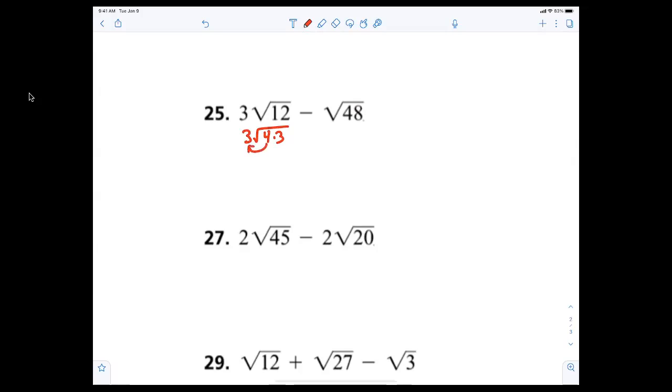So with the 3 out in front, what does that become? 6. Yes, because you're multiplying. Remember, that's 3 times. So this is 6 radical 3. Perfect. Now, generally what I tell kids is, look, if there's a 3 here, there's probably a what over here? 3 over there, right? There's probably a 3.